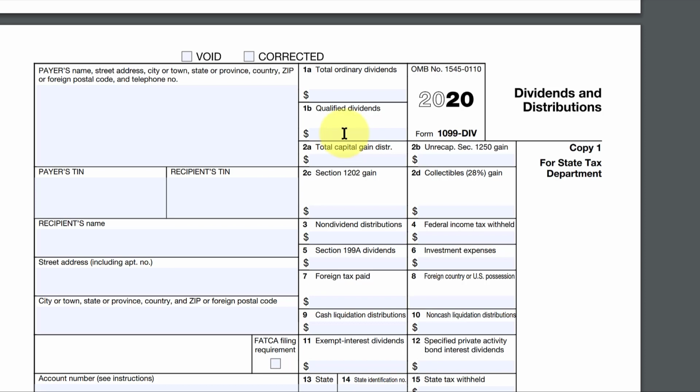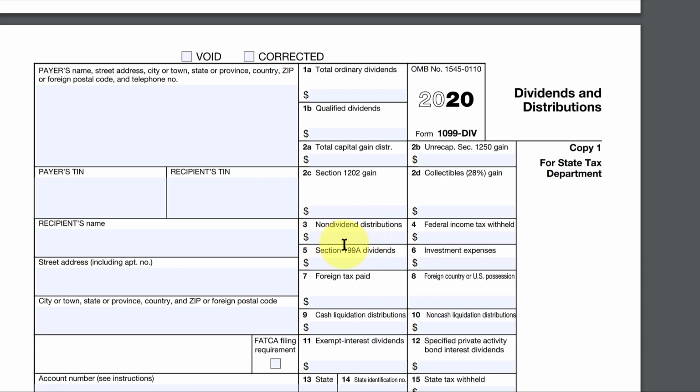Now, anything in excess of the corporation's earnings and profits, the retained earnings, is going to be a tax-free recovery of the shareholders' basis in their stock, and that should show up over here in line 3. Now, the corporation may not necessarily know what the basis of the shareholder's stock is.